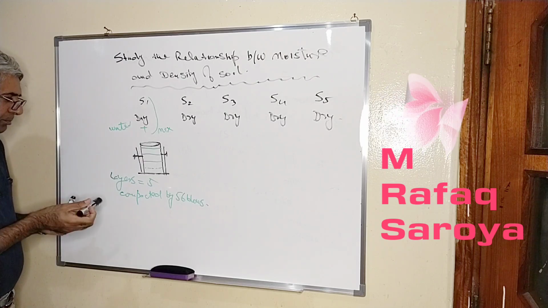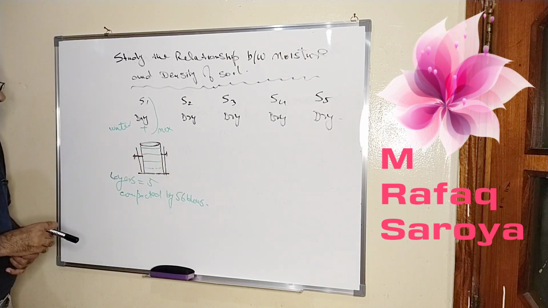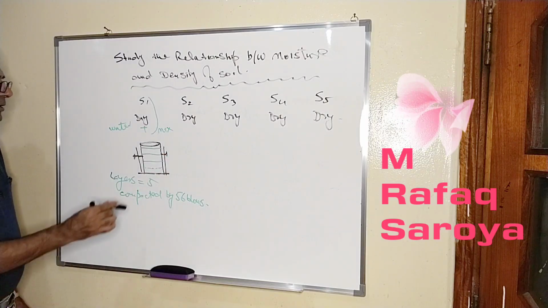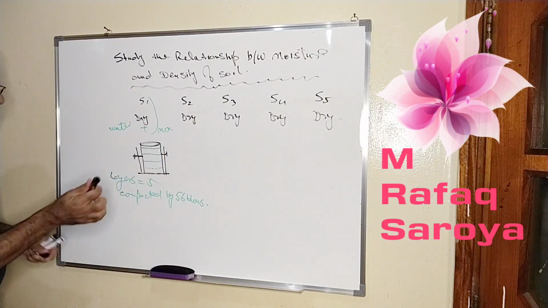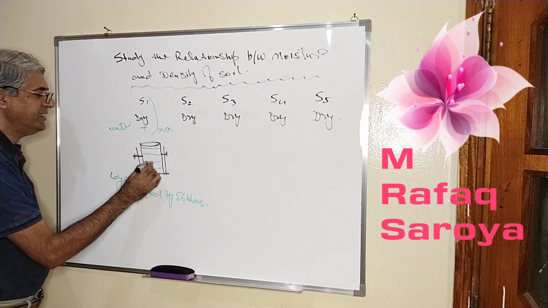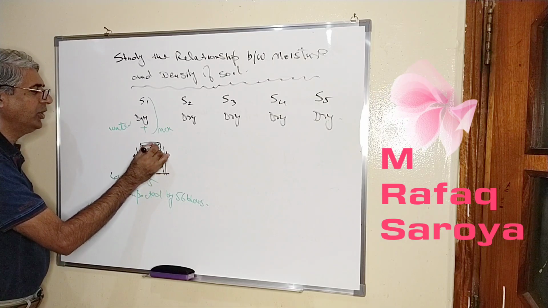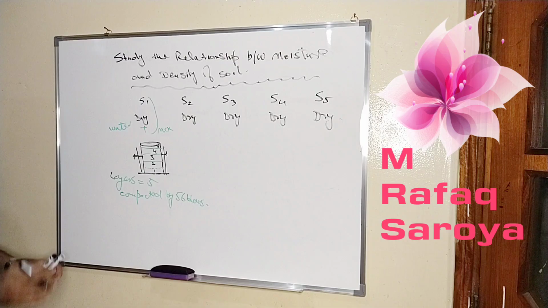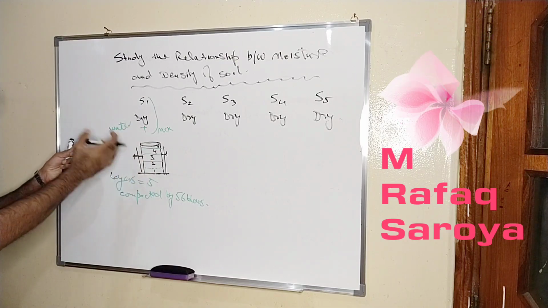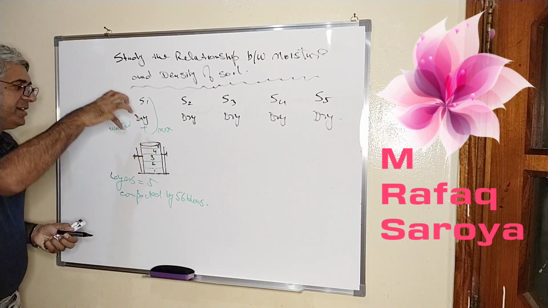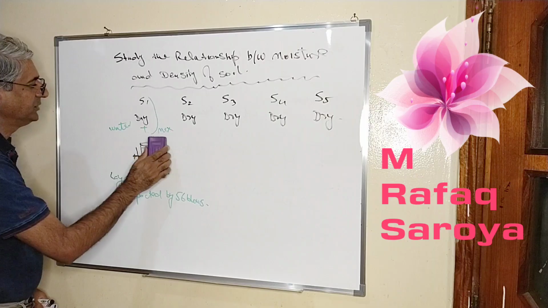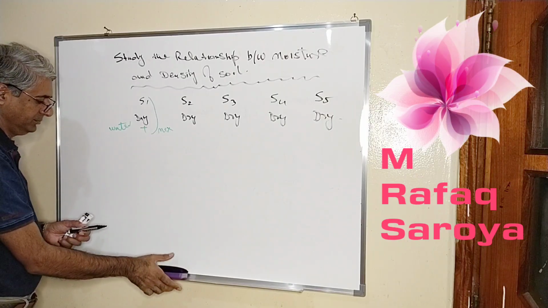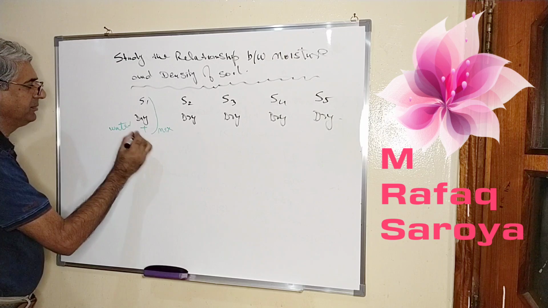This is our full arrangement. We have put material into this in 5 layers. Each layer is compacted by 56 blows: 56 blows in the first, in the second, in the third, in the fourth and the fifth. When we have done all this, we will find out the mass of whatever soil is inside, and write it down over here.